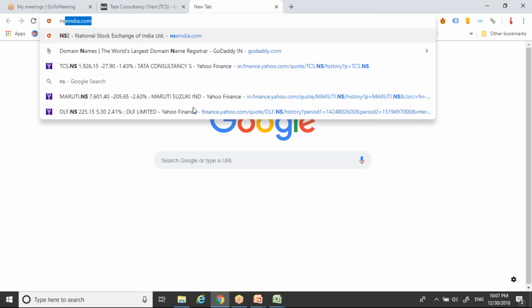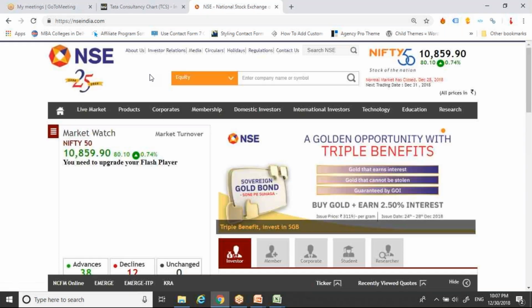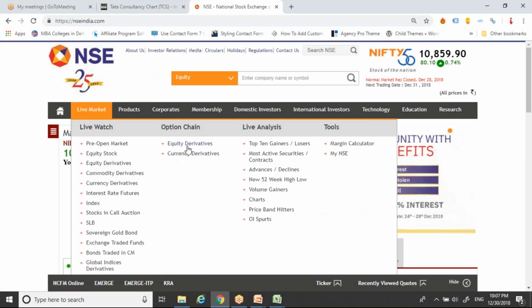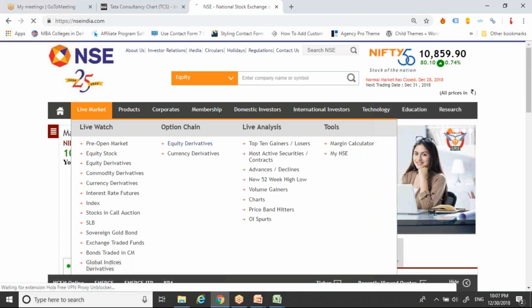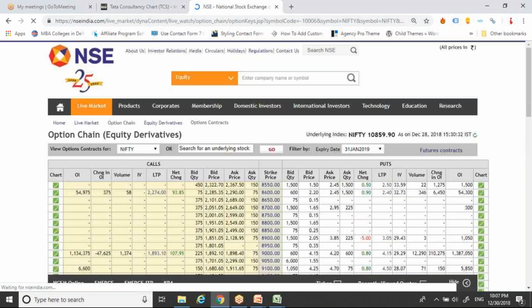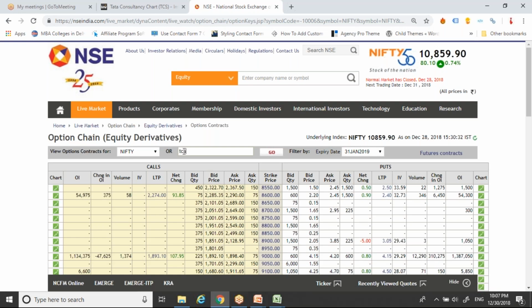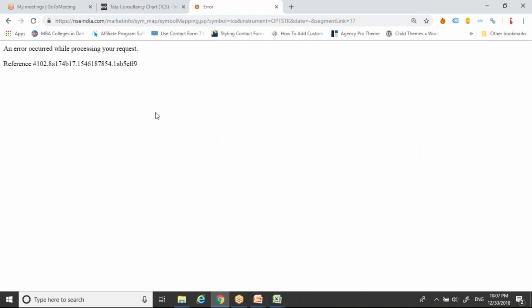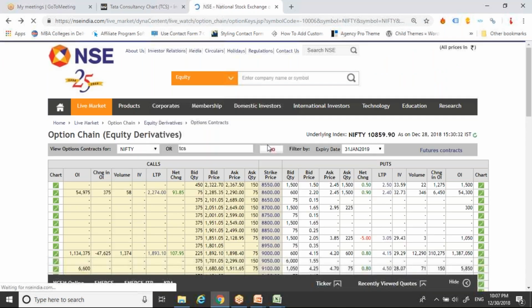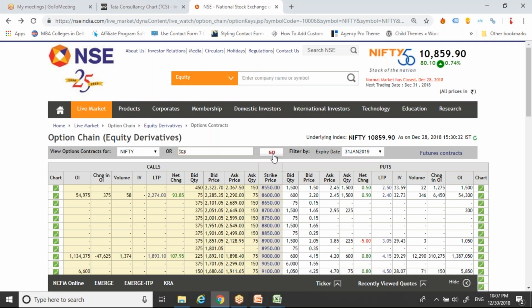Open nseindia.com. Go to live market and you have option chain. And search for TCS. Oh, there's some error processing my request. That's the problem here. TCS, that is January.